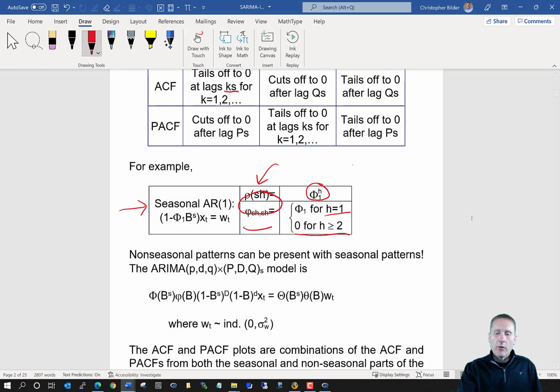So in summary, we have this tailing off to 0 at lags S, 2 times S, 3 times S for the autocorrelation function, and we have this cutting off to 0 after lag S for the partial autocorrelation function.